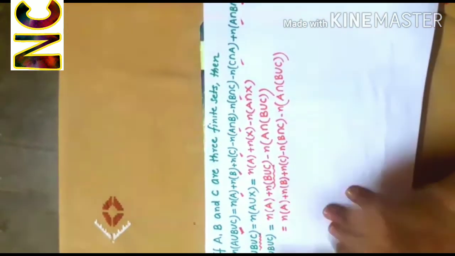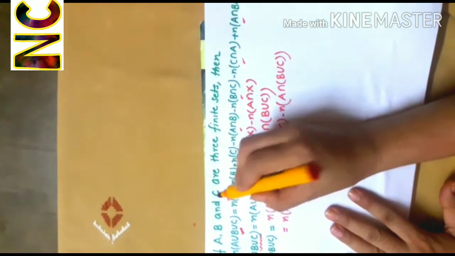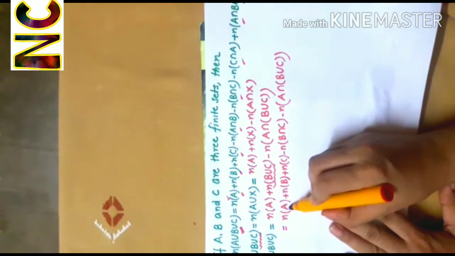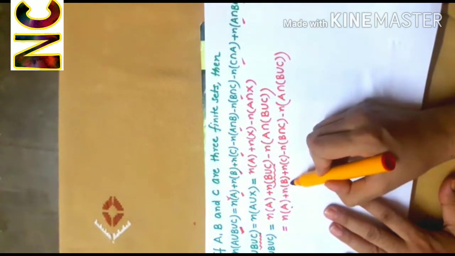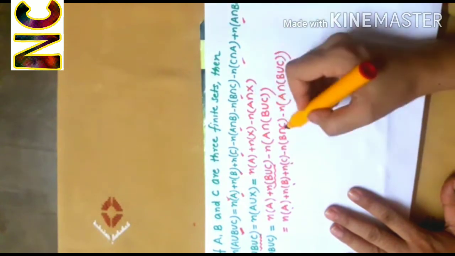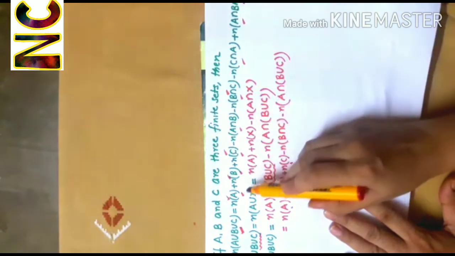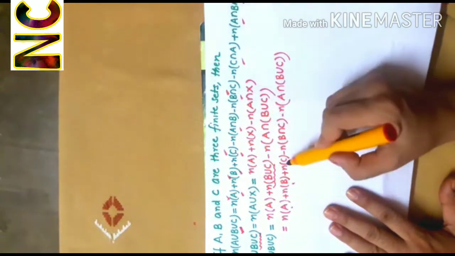Now look here what we have got. I want number of elements in set A. Here it is. Number of elements in B. We have got number of elements in C. We have got number of elements in B intersection C. So these things I have obtained.